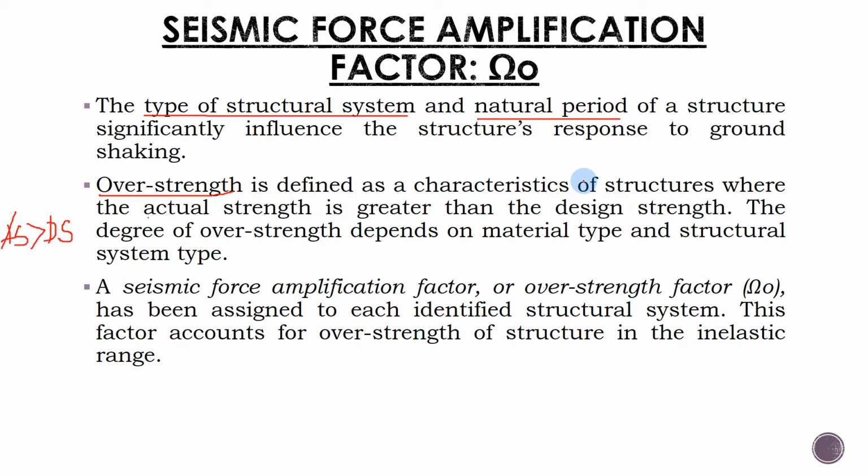Okay, so a seismic force amplification factor, also called the overstrength factor, guys, has been assigned to each identified structural system. So this factor accounts for overstrength of the structure in the inelastic range. Okay, so it seems there is extra strength once you reach the inelastic range, because there are three ranges, guys: elastic, inelastic and plastic, the stages our structure will experience.